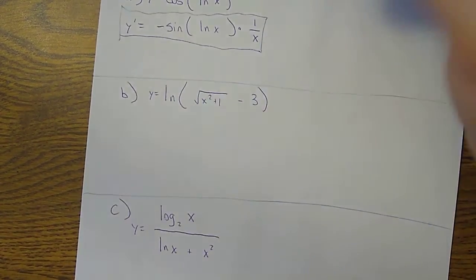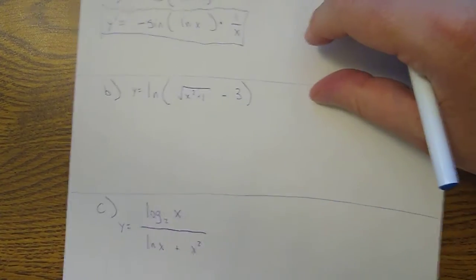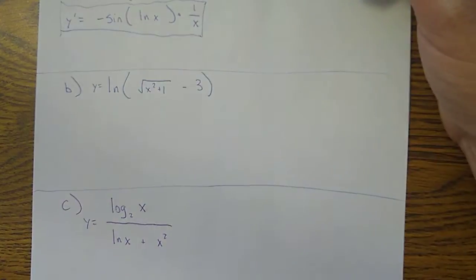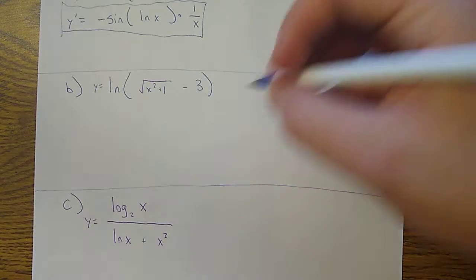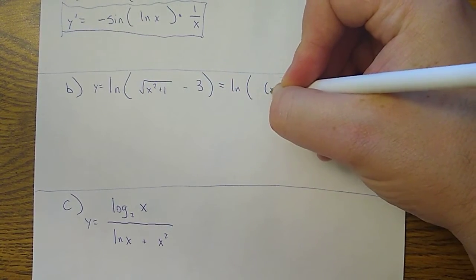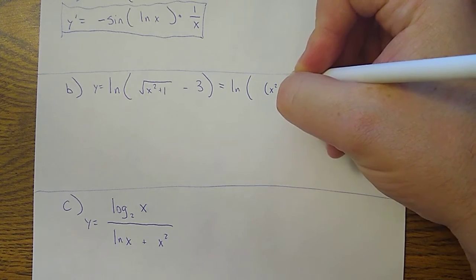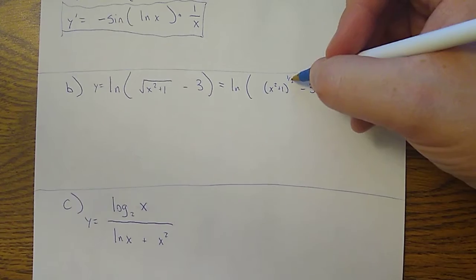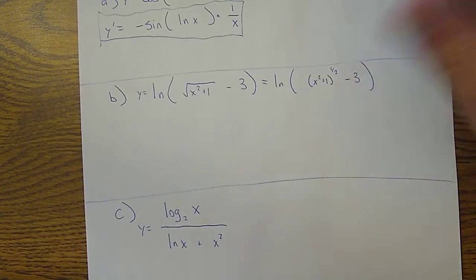Okay, let's do this one. This is also a chain rule, except now I have natural log on the outside. Because I'm about to do a derivative, I don't like square roots, I like powers, so I'm going to write it that way.